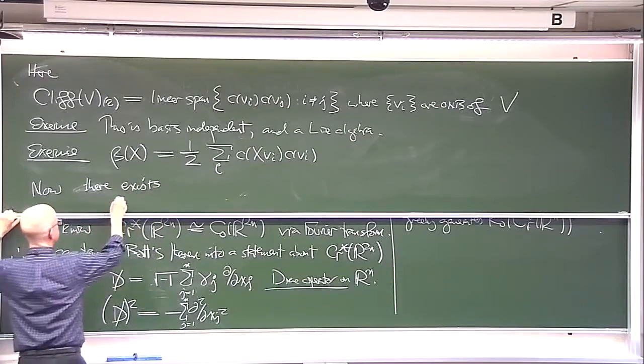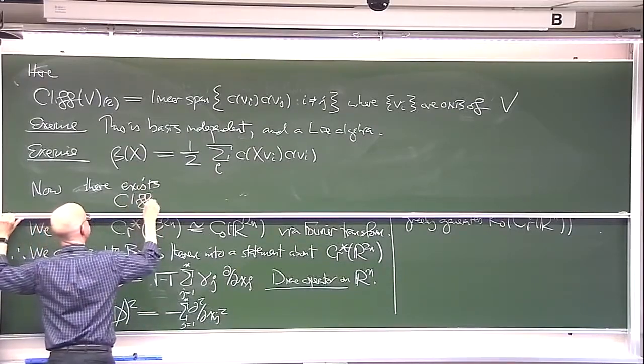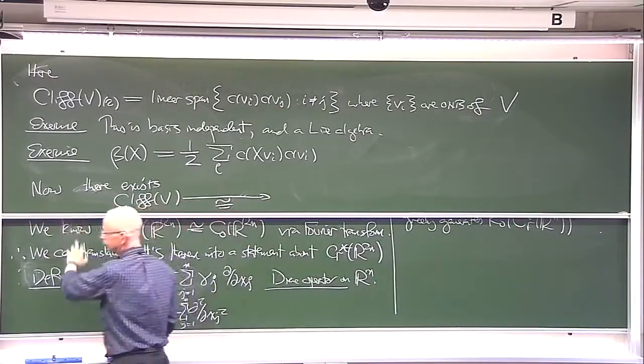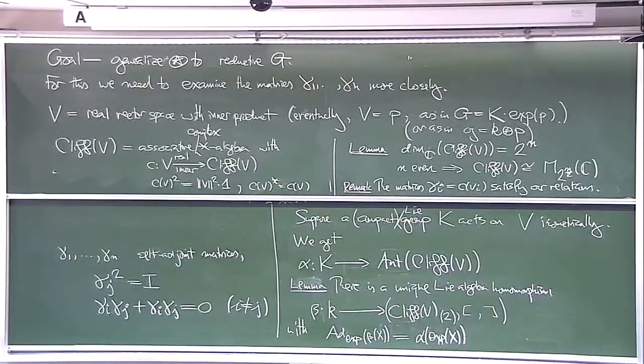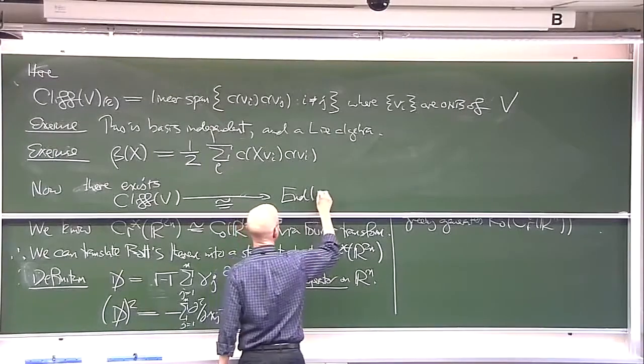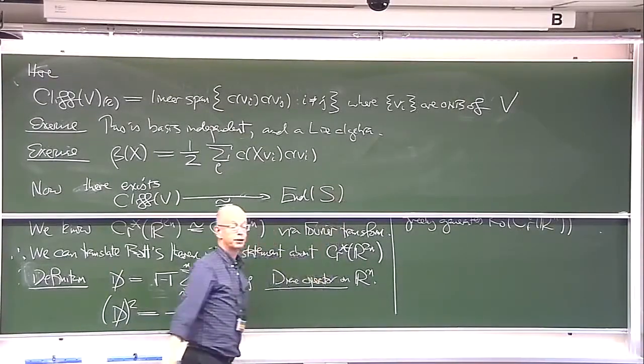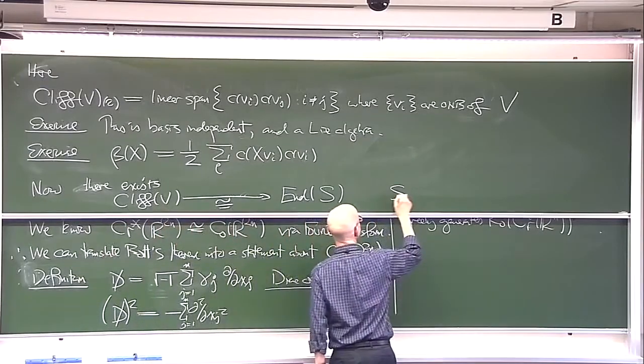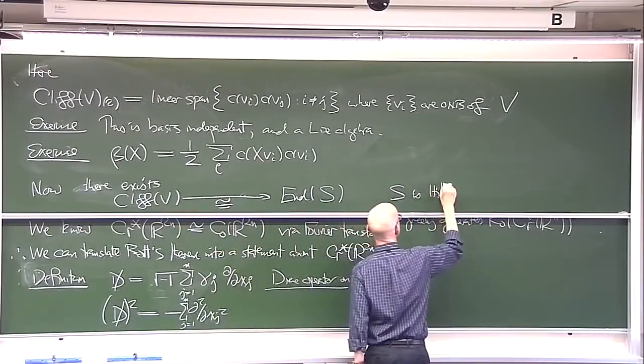As I said, this algebra is not hard to compute. It's just a matrix algebra. Let me write this in a sort of sexier way as just the endomorphisms, linear endomorphisms of some complex inner product space S. So S is just a finite dimensional Hilbert space.